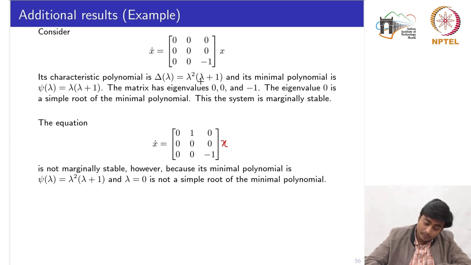But the minimal polynomial of this system is also equal to this one, because there does not exist any other polynomial of lesser degree than 3. And again, if I compute the roots of this characteristic polynomial, we already know that there are two roots at 0, which are not simple roots. So this system is an unstable system, and the previous system is a marginally stable system.